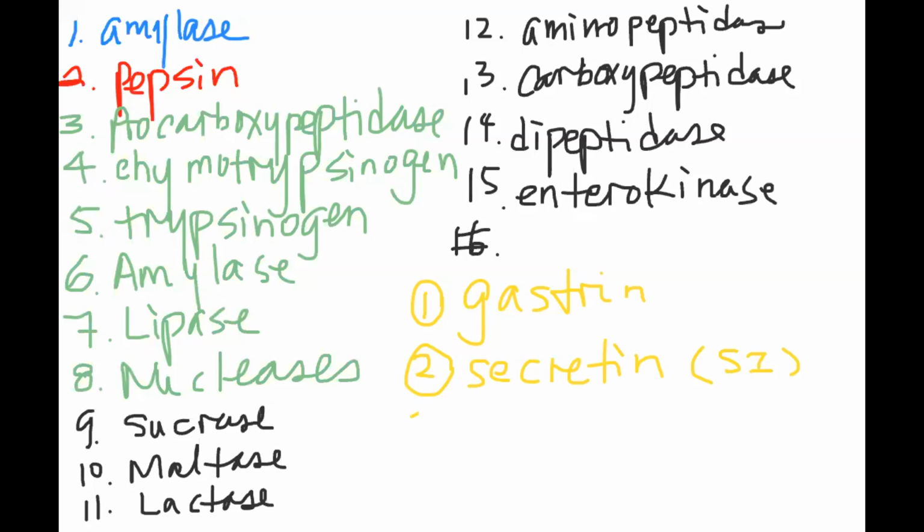Number three is called CCK. This is made by the small intestine as well. This one can increase bile release to enhance fat digestion. All right, so this is the list of enzymes and hormones I want you to know in terms of chemical digestion.